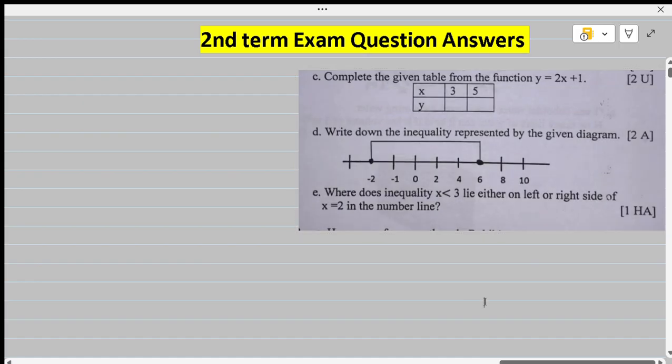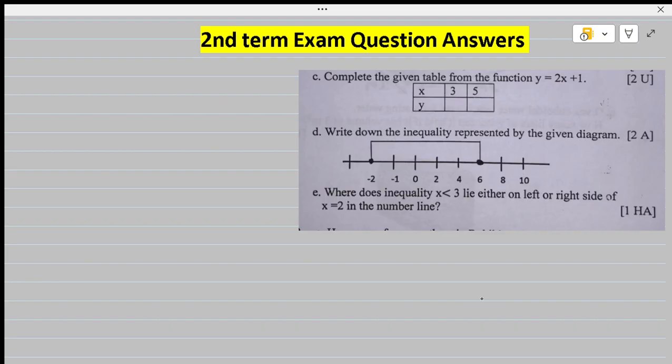So what's here in number C? Complete the given table from the given function y equals 2x plus 1. The function is given, y equals 2x plus 1, and the values of x are given. You have to find the corresponding value of y and keep those values in these boxes.